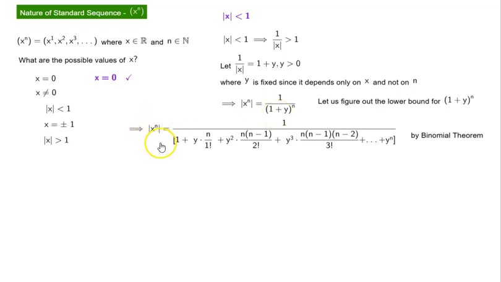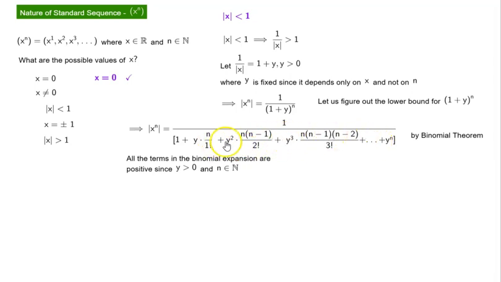So magnitude of x to the power of n is equal to 1 by 1 plus y times n by 1 factorial plus y square times n into n minus 1 by 2 factorial, and so on, till y to the power of n. All the terms in the binomial expansion are positive. Why?